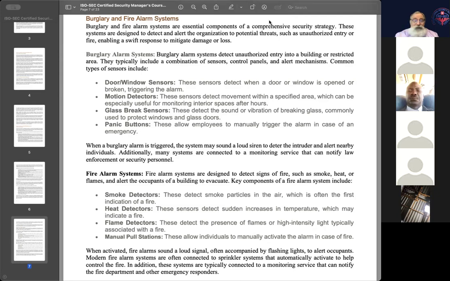We have the nose, that can be the smoke detector, and we have the mouth, which is a siren, and we have the most important part also in the alarm system, which is the brain, the central unit of the system. So it's a similar operation with the human head.